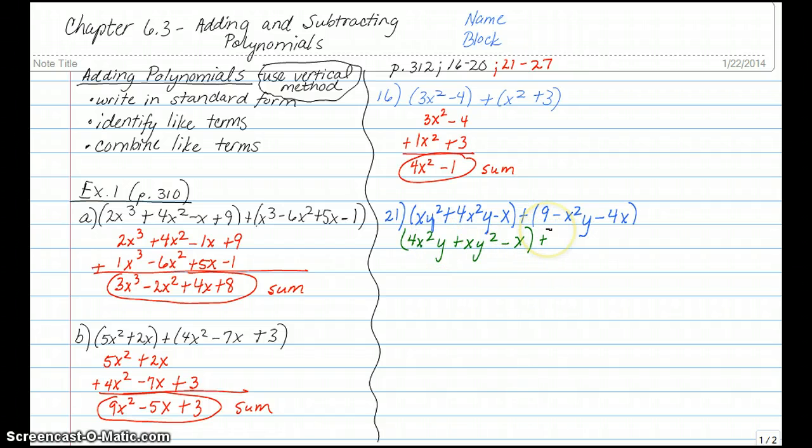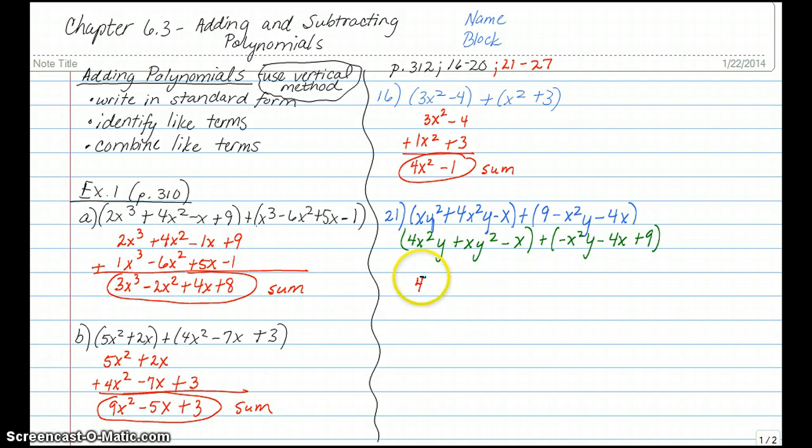And then we look at the second expression. It is also not in standard form. We've got negative x squared y, and then minus 4x, and then plus 9. Now we're ready to go about adding these.